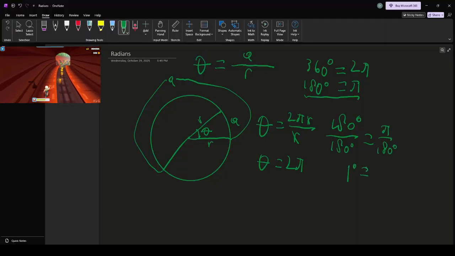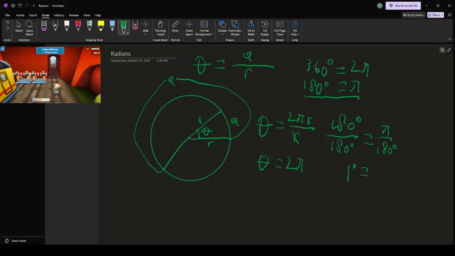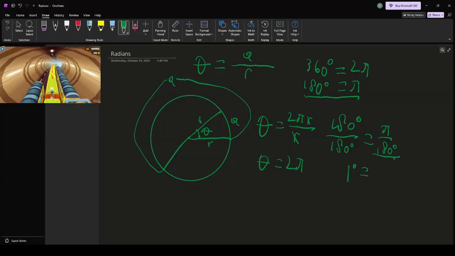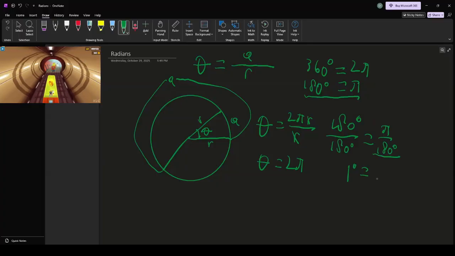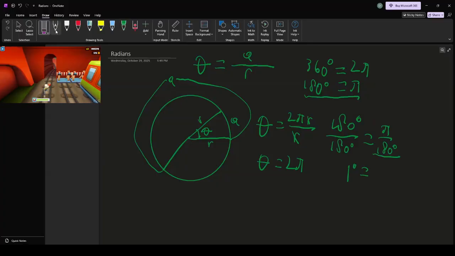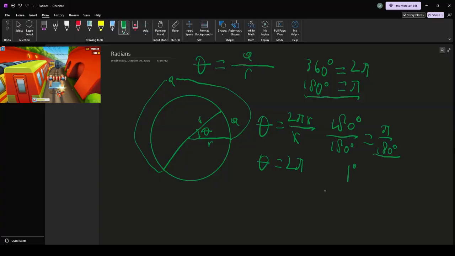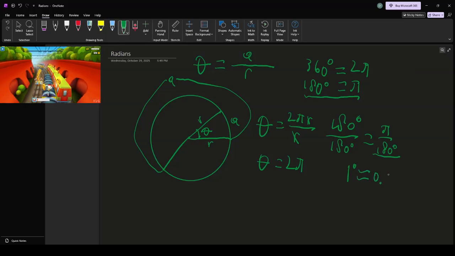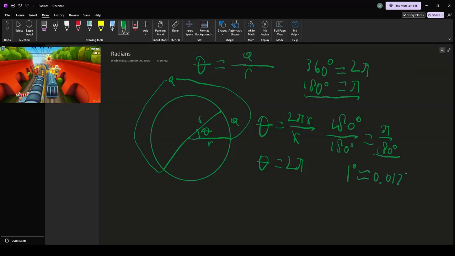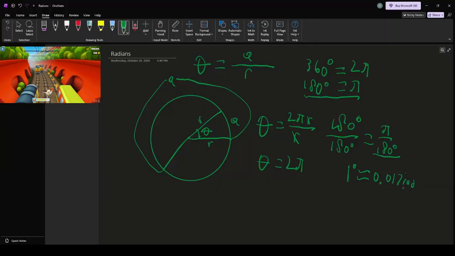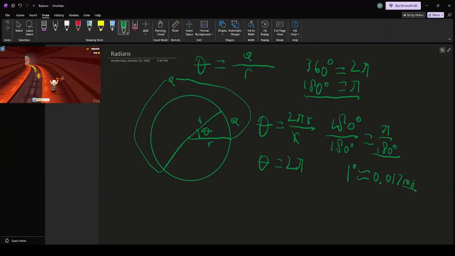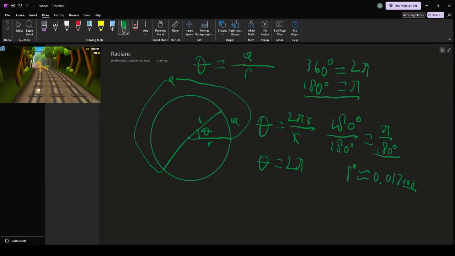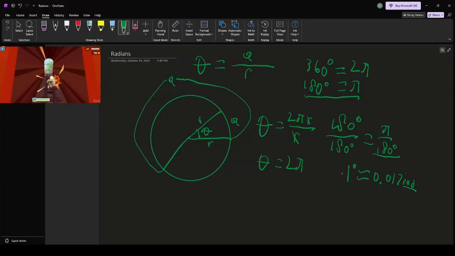So 1 degree equals roughly pi over 180, and that is roughly 0.017 radians. When we use radians, usually we don't write the unit, unlike degrees. So if there's nothing there, you could probably assume it's radians.